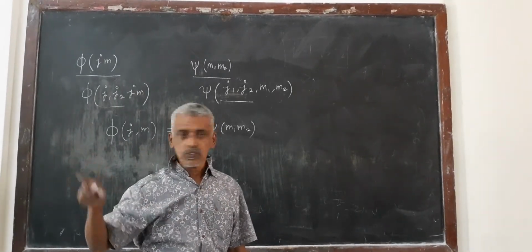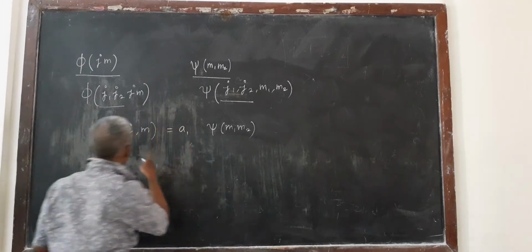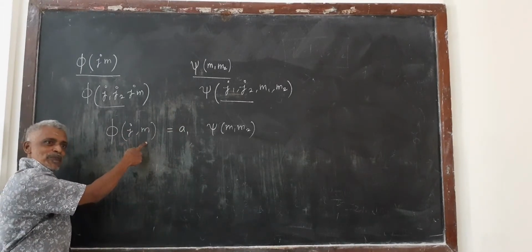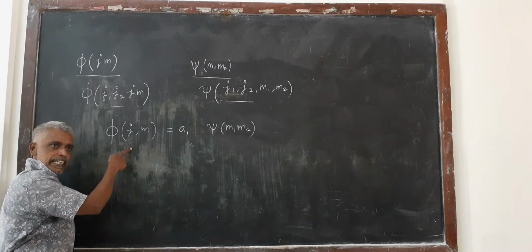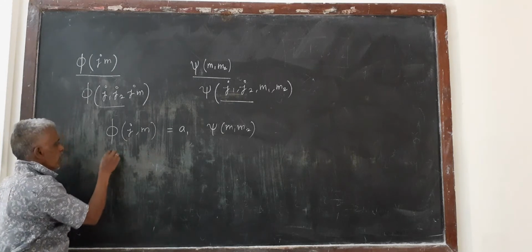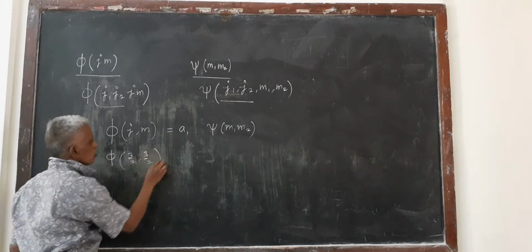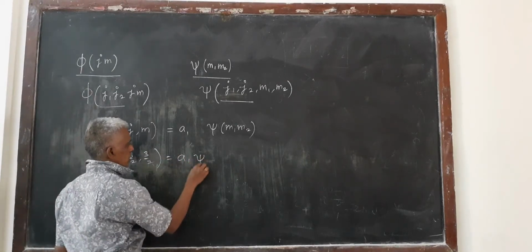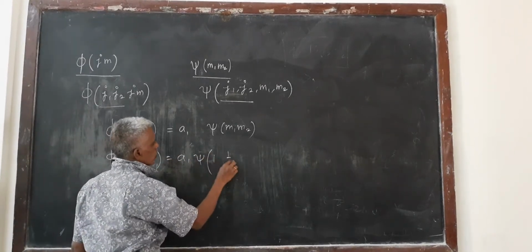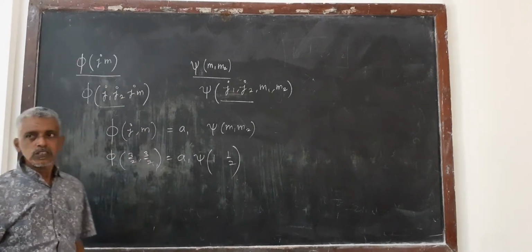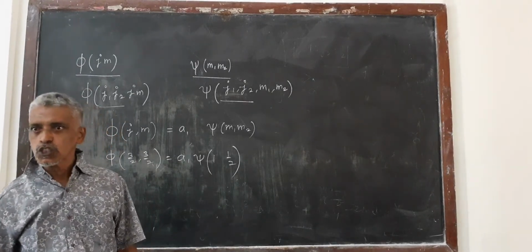All the 6 equations. I think this is the first equation with the values of j and m. General equation, I will write it here. We have this phi 3/2, 3/2 is equal to a1 psi. I said how to remember these things as well, right?